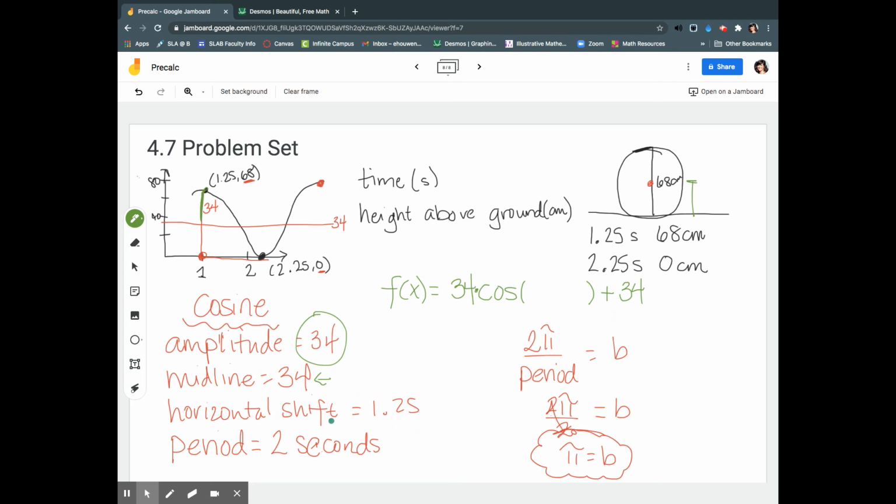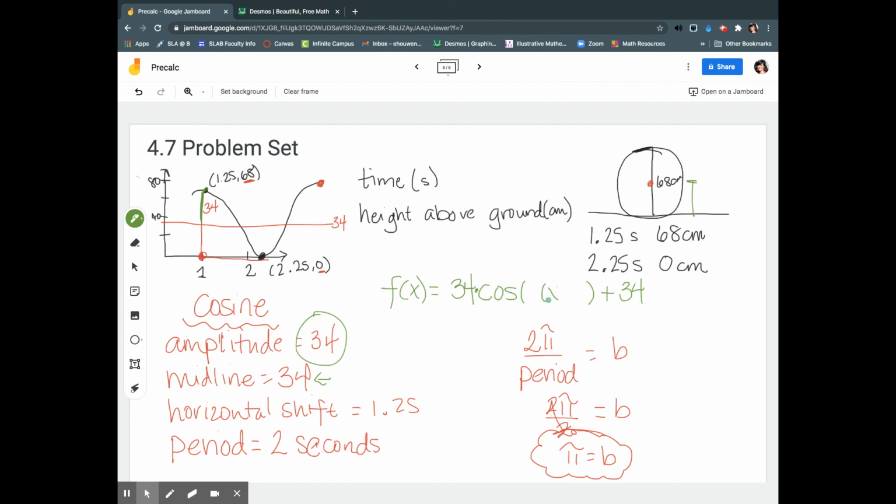So that's what those two 34s represent. Now, the horizontal shift and the period are about the time, right? We started talking at time equals 1.25 seconds. That's when we started getting information. That's when this whole scenario began. So that's where this 1.25 comes from. And then it takes 2 seconds for the piece of gum to get back to its original location. So that's where this comes from. Since both of those have to do with time, they have to do with the input. A shift means we just move it over.